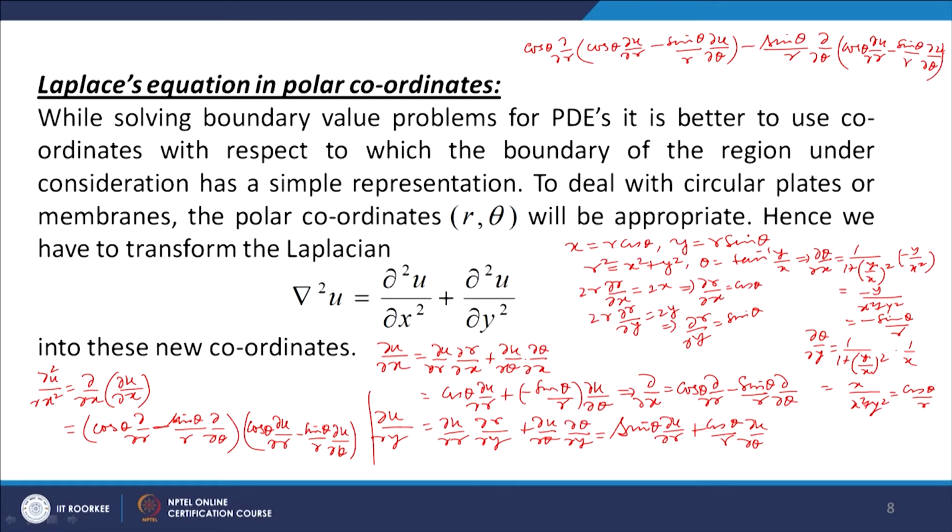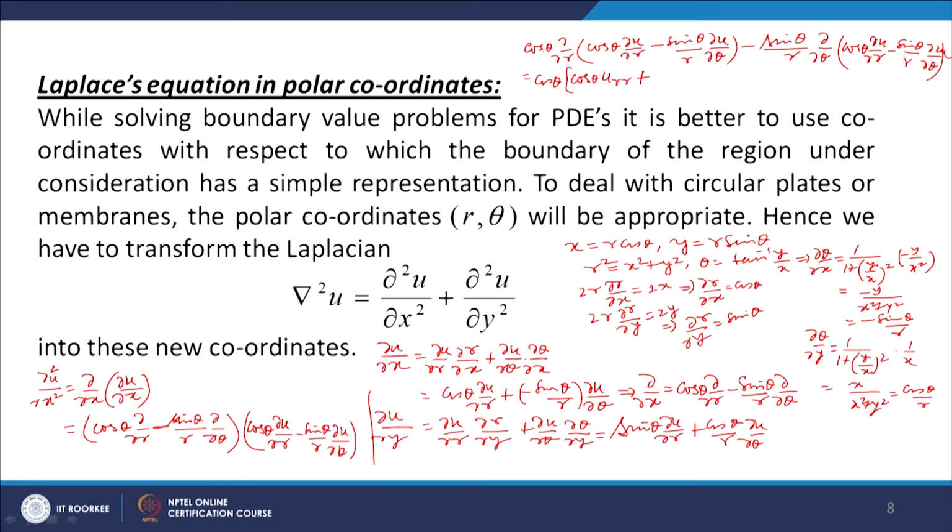Okay. And let us see what we have. You see this is equal to cos θ ∂/∂r of cos θ. r and θ are independent. So, ∂/∂r of cos θ will be 0. So, what we get is cos θ times ∂/∂r of ∂u/∂r, that is u_rr. Now, we apply the ∂/∂r to sin θ, which again, r and θ are independent. So, minus sin θ, when we differentiate with respect to r, will be 0. So, we differentiate 1 over r, and 1 over r gives you minus 1 over r², minus minus becomes plus.